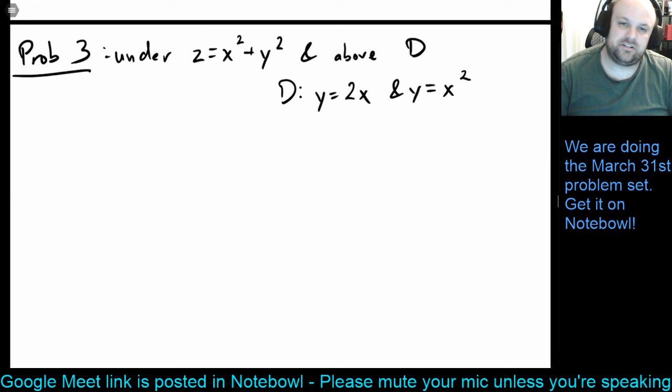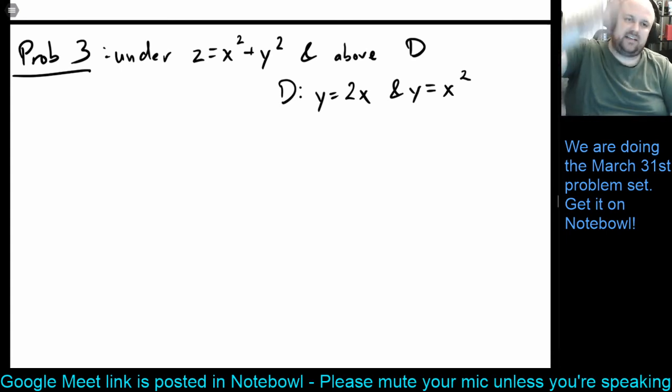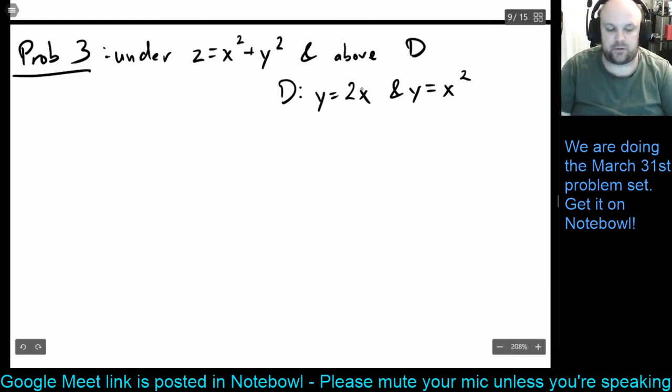So we have a solid here that sits above whatever shape D is. Imagine it as a building. The base, the floor of the building is the region D here, and the ceiling, or the roof of the building, is this function here.